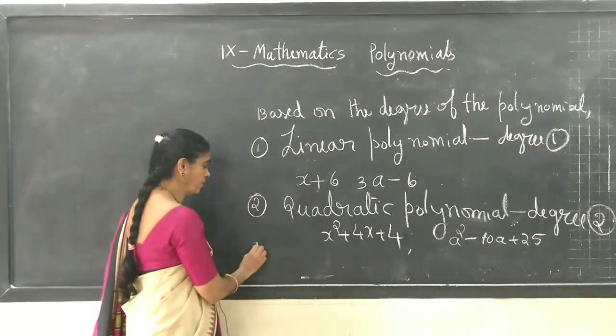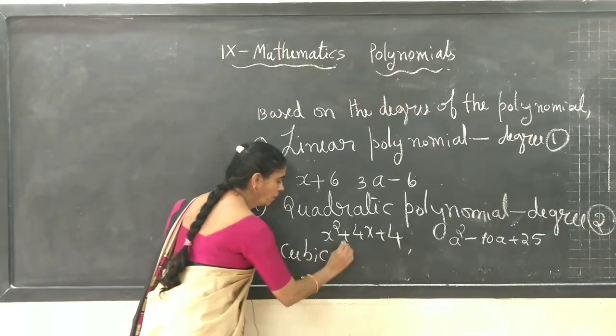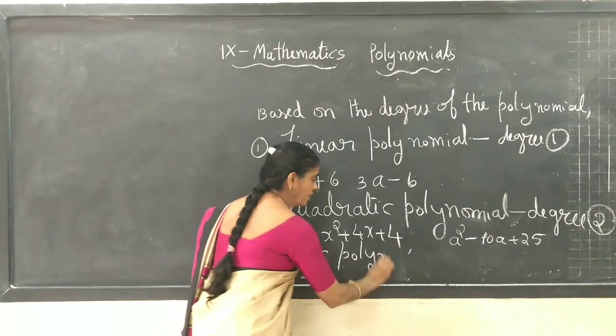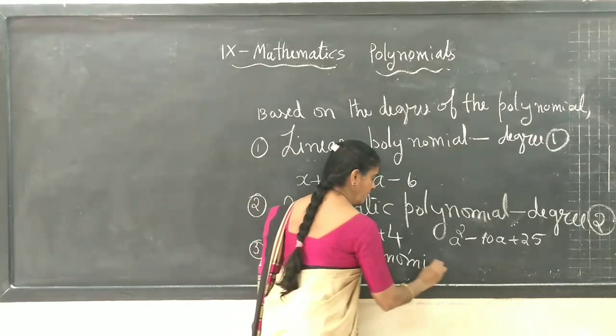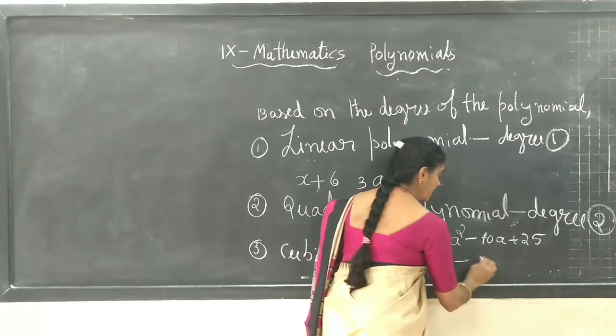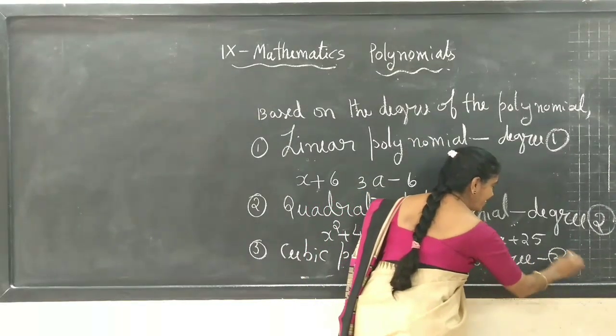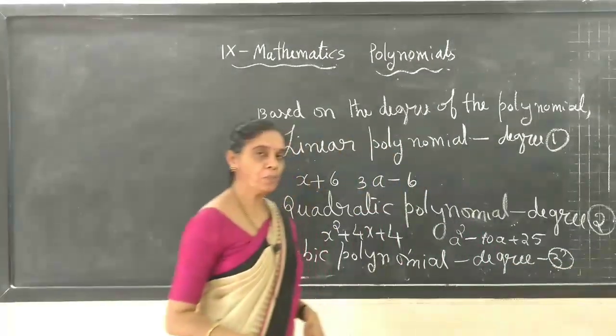The last type, the third one, is called the cubic polynomial, where the degree should be how much? Guess it. Already I said it is 3. Cube means 3. Cubic.